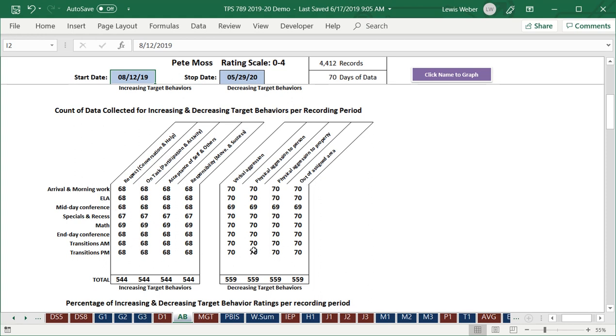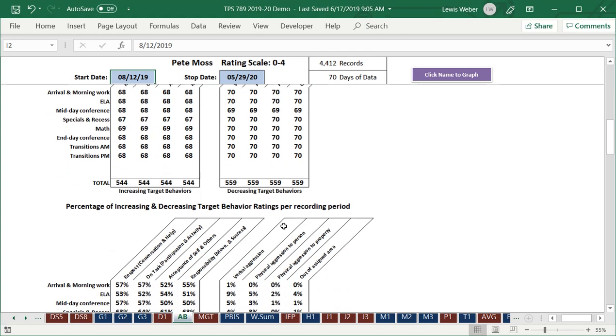So this gives us an idea of how much data has been collected. Now, if we saw some big gaps, like if we saw some 10s and 20s here, that would mean that the teacher or aide was not collecting data during these academic blocks or recording blocks. So it's just something for us to know.